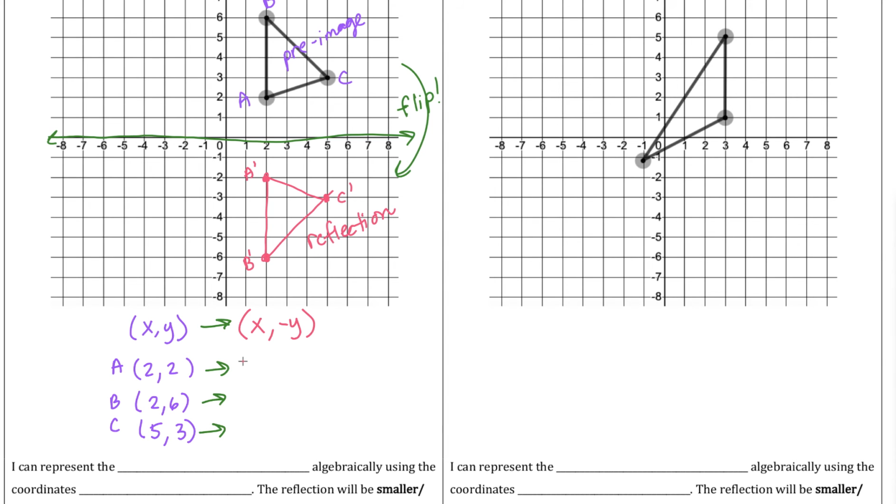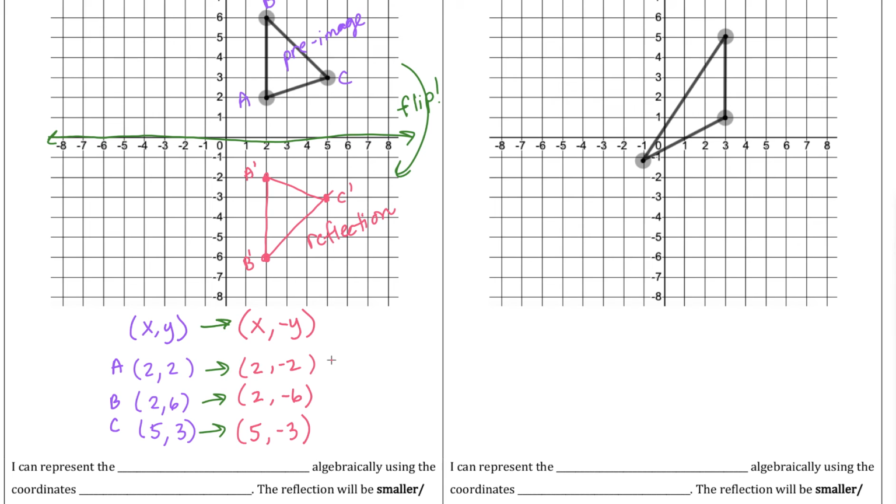I'm going to do it like this. So it should be 2, 2, and 5. But the y's are the opposite. So instead of 2, I put negative 2. Instead of 6, I put negative 6. Instead of 3, I put negative 3.